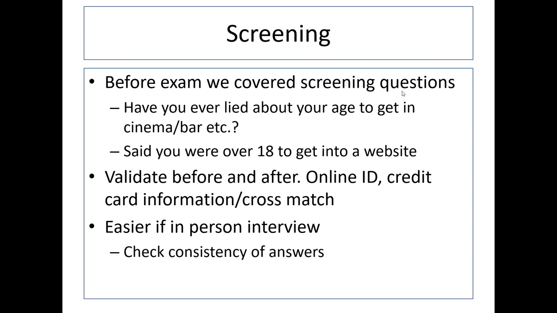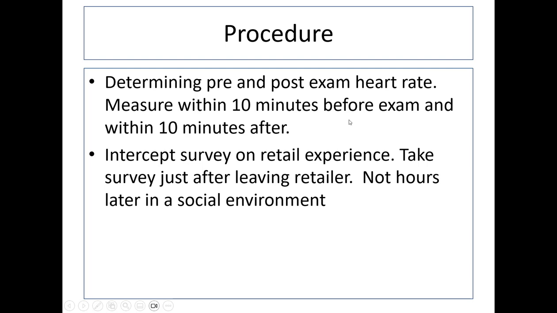So there are ways of actually validating screening, things like credit card information, online ID, matching with other profiles. Obviously, in person, it's much easier to screen. You can see if somebody's underage, you can ask for people's ID, talking to them. But there's the issue of potential screening, particularly in a questionnaire context.